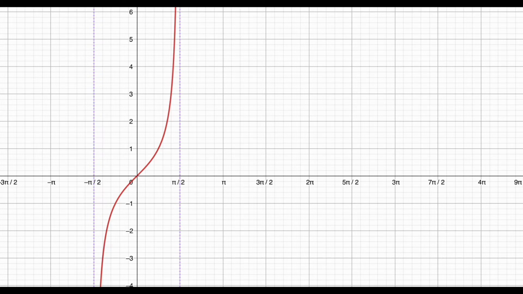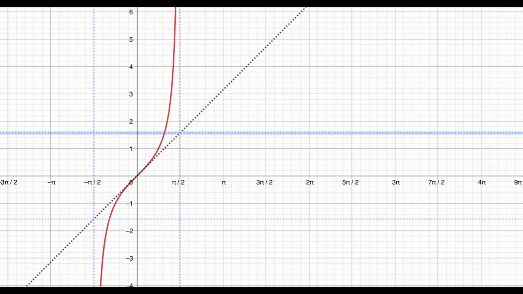Now when I take the line y equals x, we know that the inverse is symmetric around it. If I take vertical asymptotes, what I'm going to get is horizontal asymptotes. In the light blue there, you can see the horizontal asymptotes.